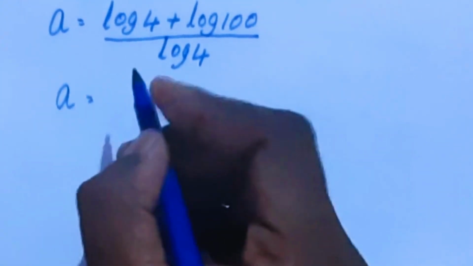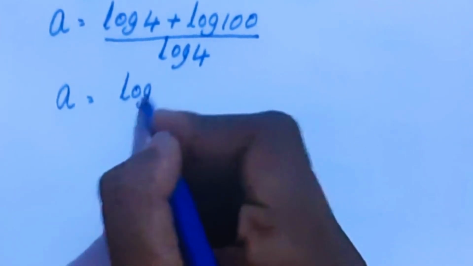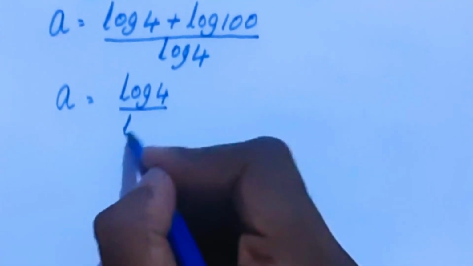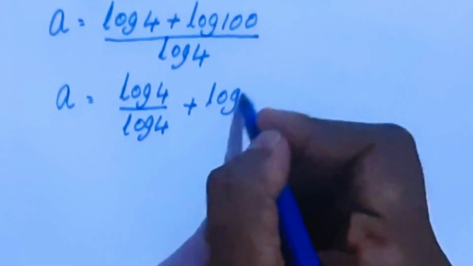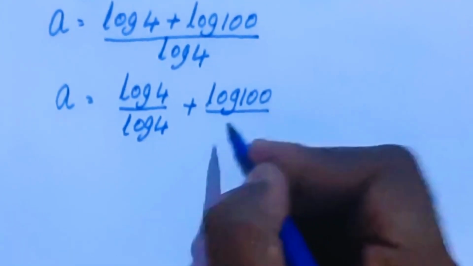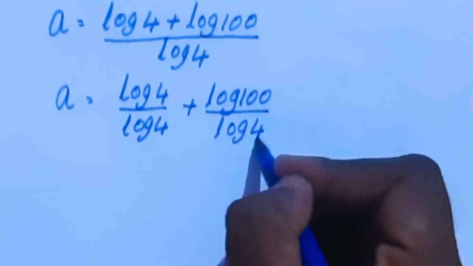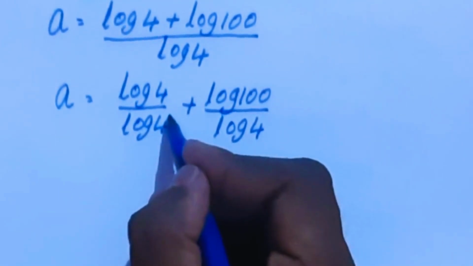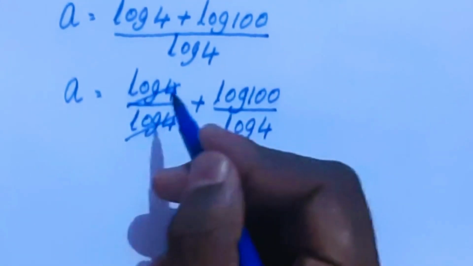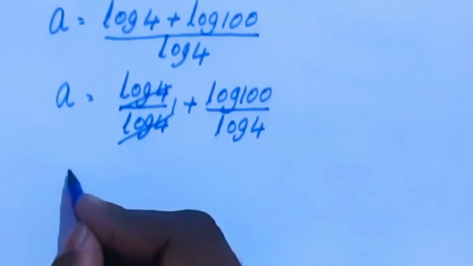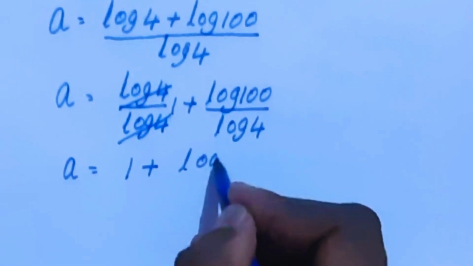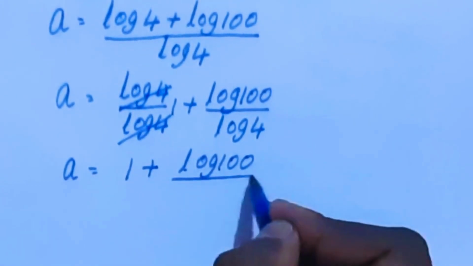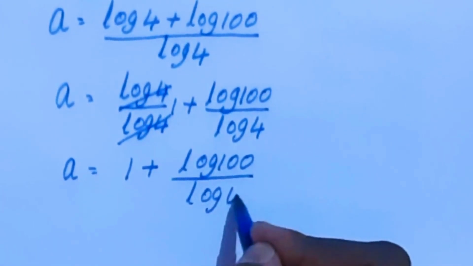Now this can be written as a equal to log 4 by log 4 plus log 100 by log 4. Now this log 4 cancels this log 4. Here 1. So a equal to 1 plus log 100 by log 4.